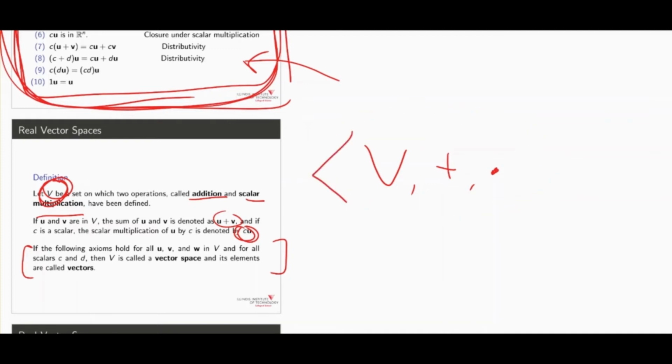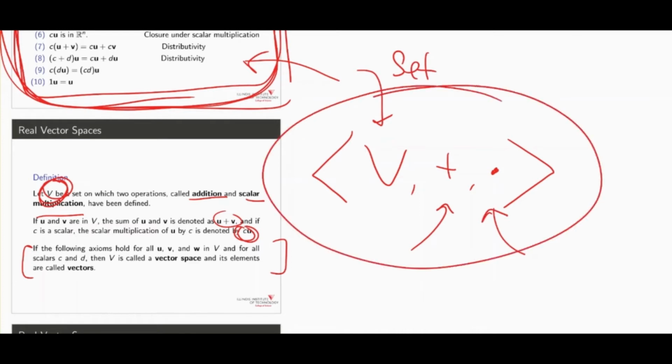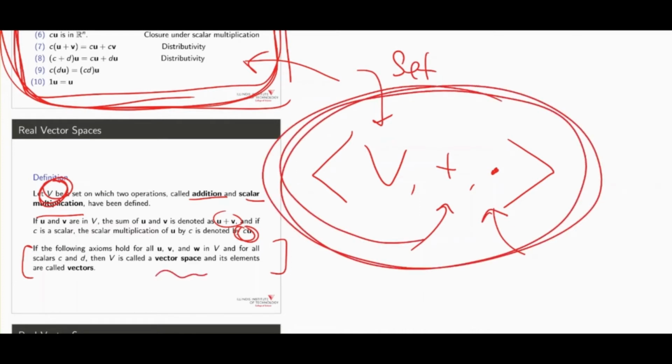Sometimes you'll see people write this. This is a notation to indicate that we have a set, and two different operations defined on it, the addition operation and scalar multiplication. Then this new object will be known as a vector space.